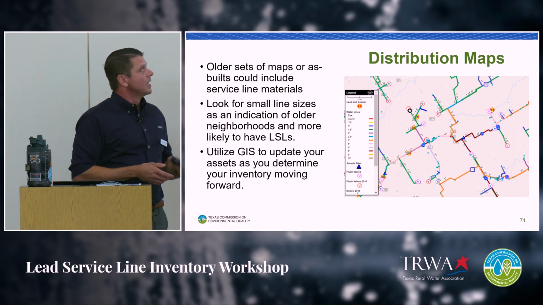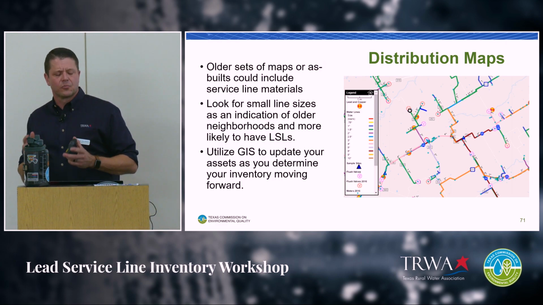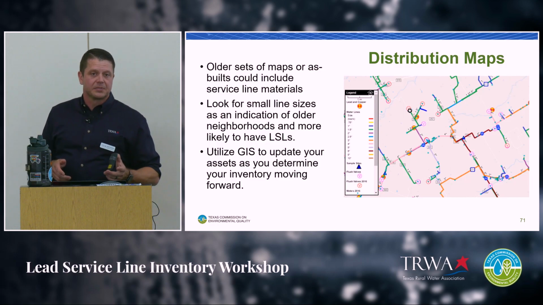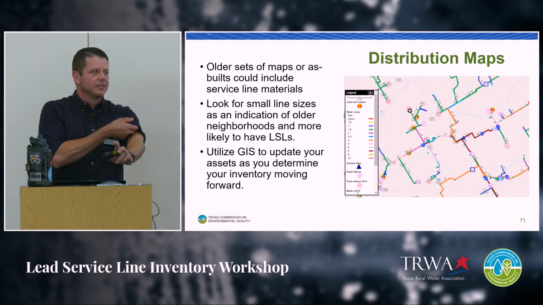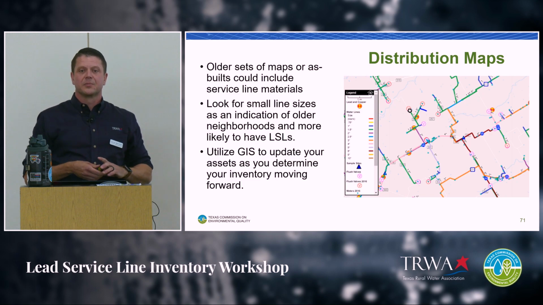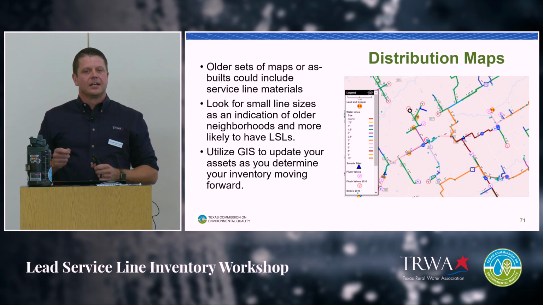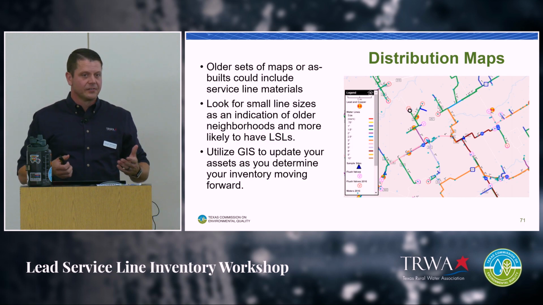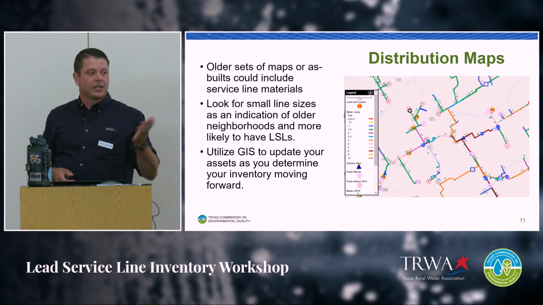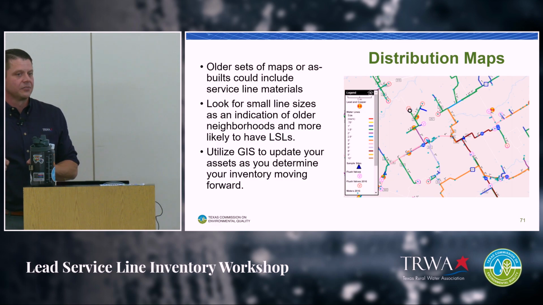Distribution maps, also one of the system records. Older sets of maps, as-built. There's been a lot of cases to where I show up on a system and they have, I don't even know what type of paper it is, but I can tell they're very old. That may have some information on there that someone actually wrote in, it was polyline, it was PVC on the map itself.